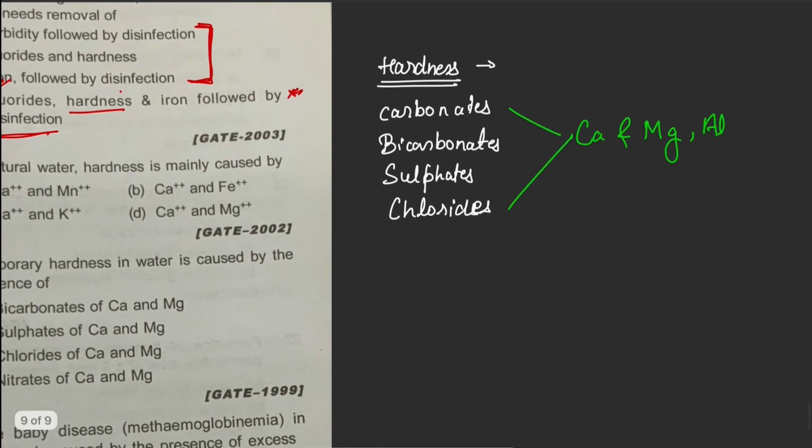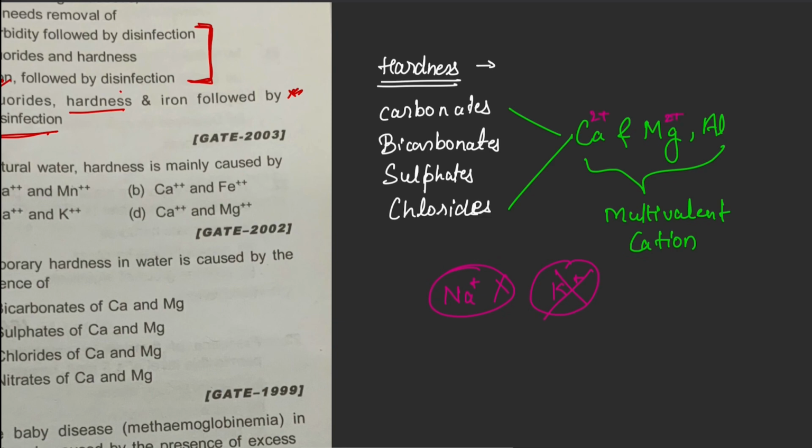These are all multivalent cations. Hardness is never caused by any single valent cations. For example, sodium Na+, hardness is not caused by this, and potassium K+, hardness is not caused by this as well. We need multivalent cations, Al3+, so these things will work.